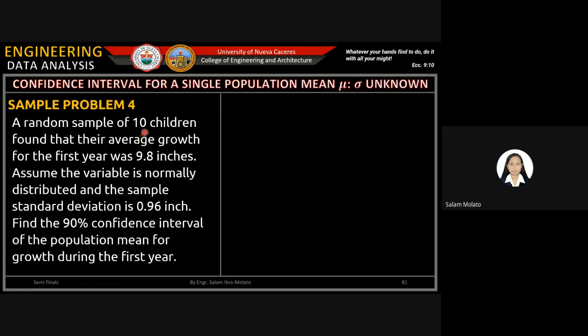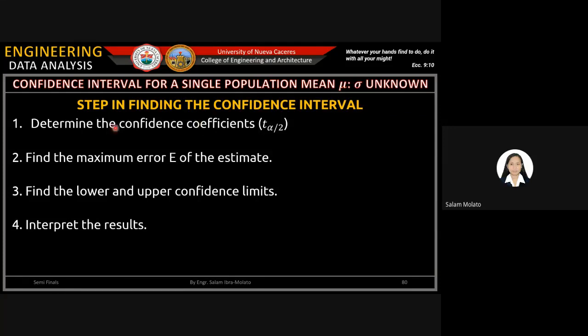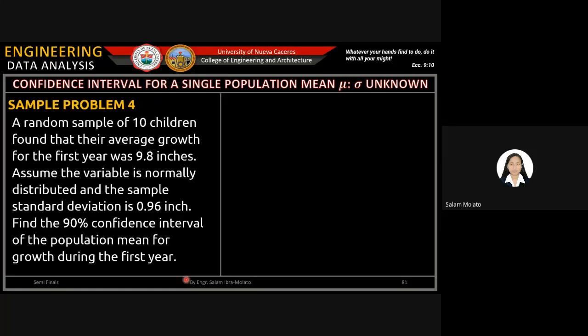So since N is lower than 30, and instead of giving us the population standard deviation, ang binigay sa atin sample, so confirm, we will use the T distribution or the T-score. So, dun sa step natin na binigay, we need first daw to determine the confidence coefficient.